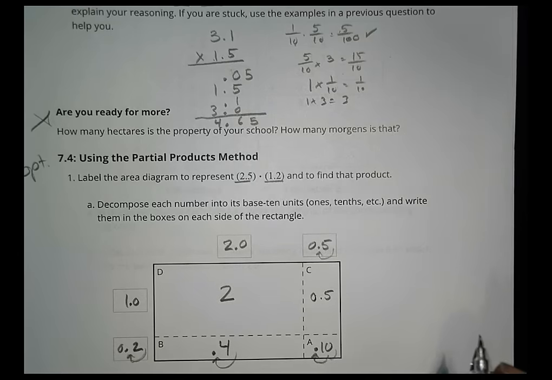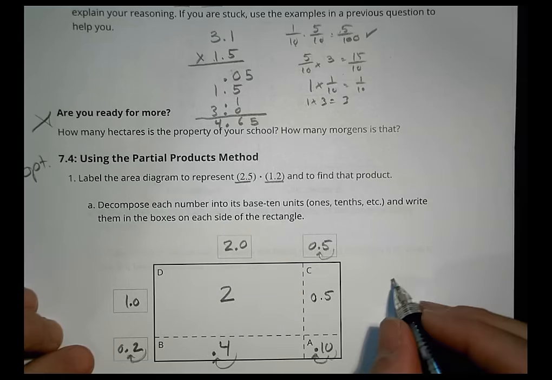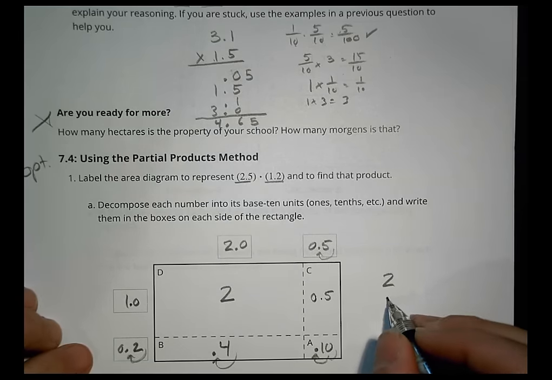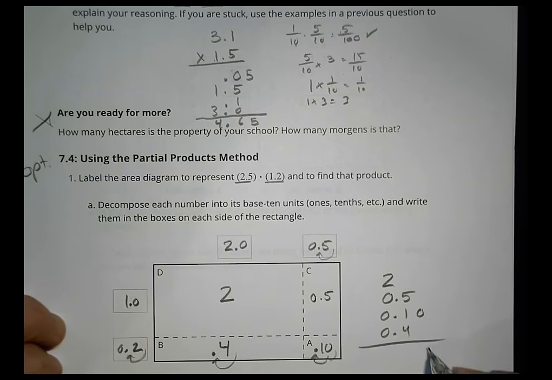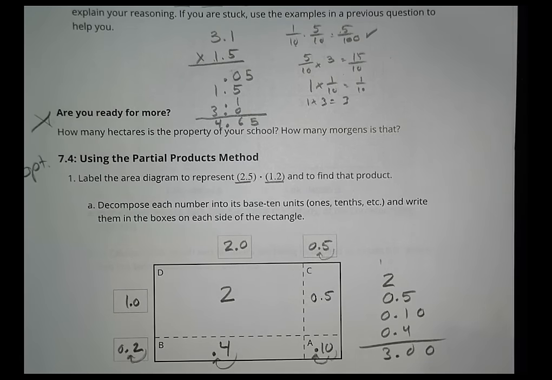So there's our areas there. And when I find the product there, which is part C, I'm going to add them up. So we have 2 plus 0.5 plus 0.10 plus 0.4. So that becomes a total of 3, which is question part C to that same question right there.